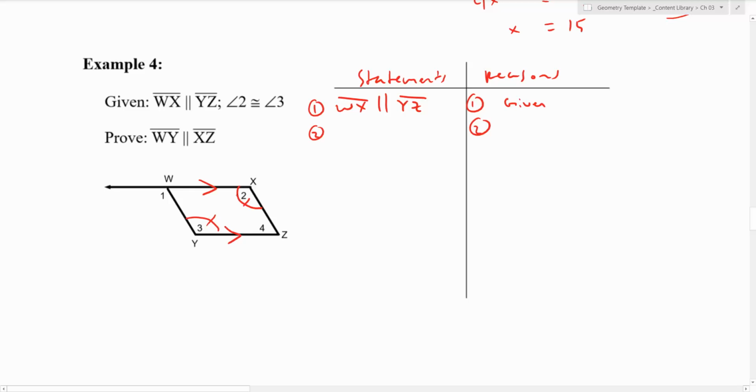This angle right here, XWY, and angle 3, these guys are supplements, and we're going to show that. Let's just do it right now. The measure of angle XWY plus the measure of angle 3 equals 180 degrees, okay? That's supposed to be a little plus. Whoops.